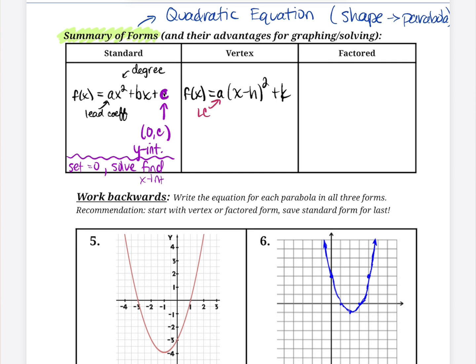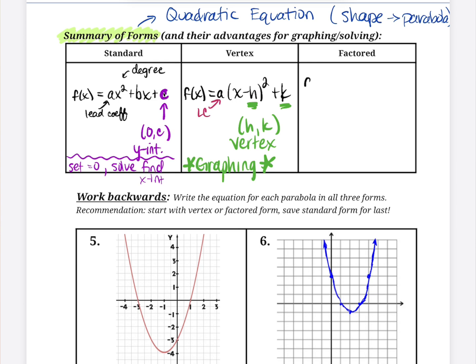Now, the useful thing from this function is the h comma k. That is your vertex. Vertex form is most useful for graphing. If you're going to graph something, you want it in vertex form.